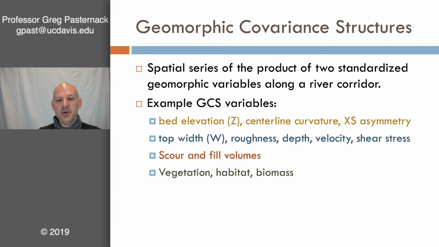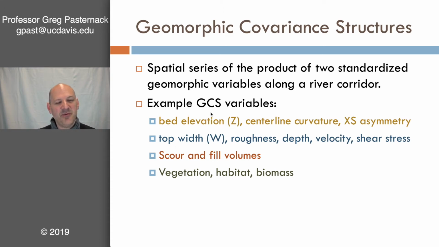And so examples could include all kinds of data. It could include basic topographic variables, as I've been showing you, like bed elevation and width. It could also be centerline position or curvature. It could also be channel asymmetry. It could be any kind of metric you want to extract that ties to a physical process. We can also have hydraulic variables.